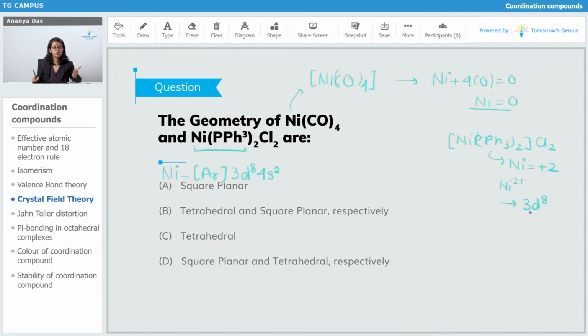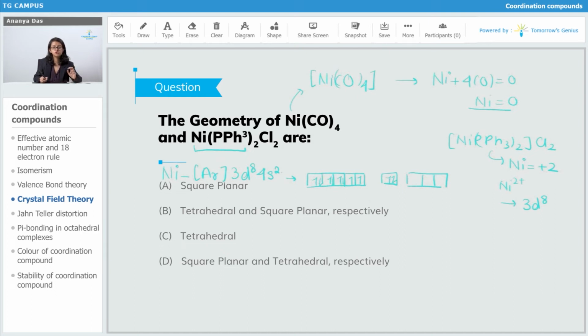So if we draw our d orbitals, this is the 3d orbital, then we have 4s and 4p, and fill in electrons in it. So there are 8 electrons in 3d, that makes it 8, and 2 electrons in 4s.